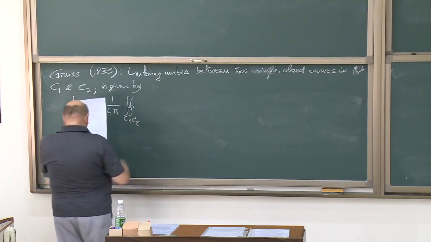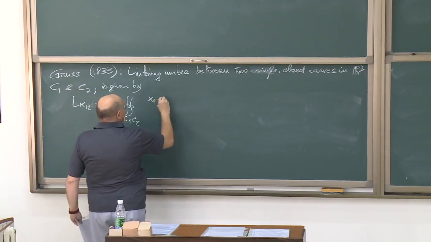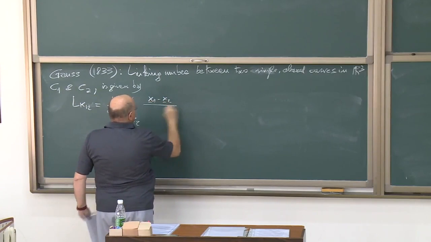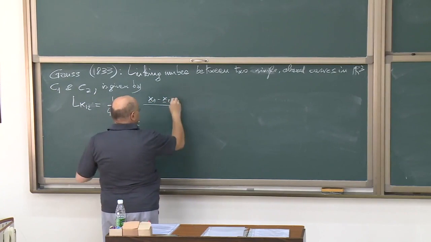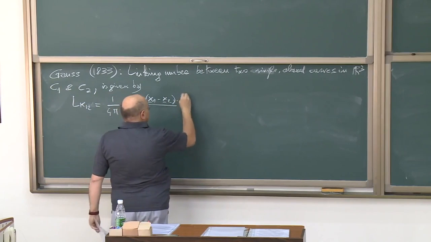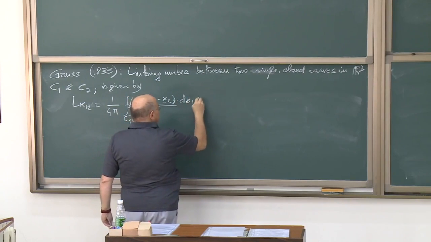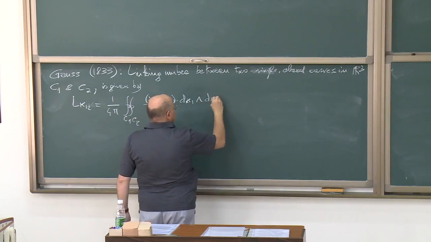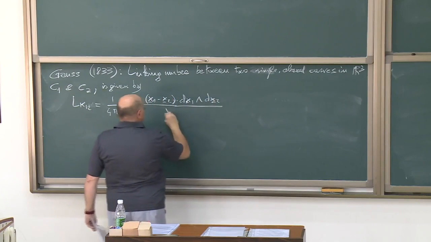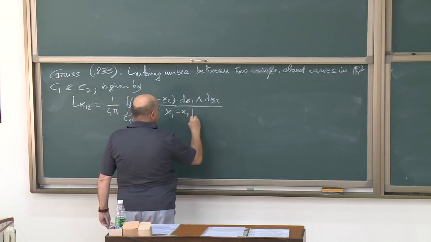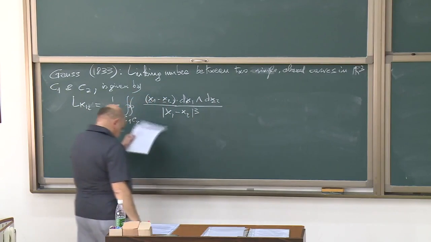These are, of course, closed integrals, of the triple product, dx1 cross dx2, divided by the modulus cubed of x1 minus x2.